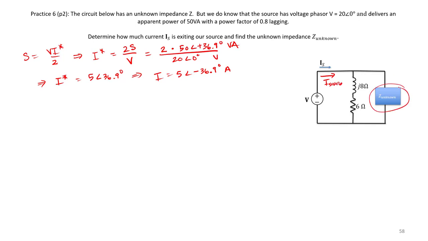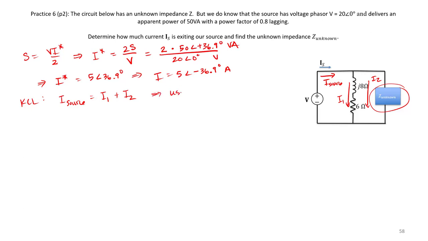We want to find Z unknown. How could we do that? Well, one approach is to use Kirchhoff's current law. By Kirchhoff's current law, we know that I source must be equal to I1 plus I2, where I1 and I2 are the current phasors through the parallel paths.